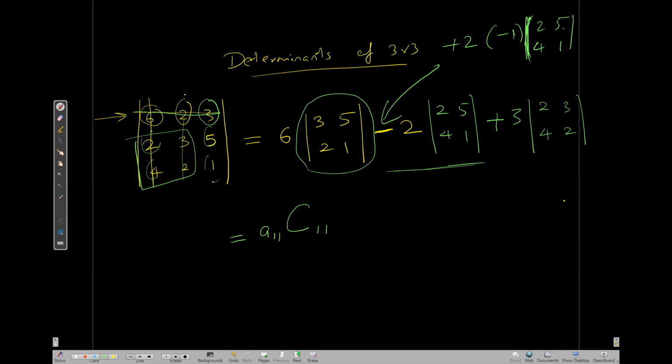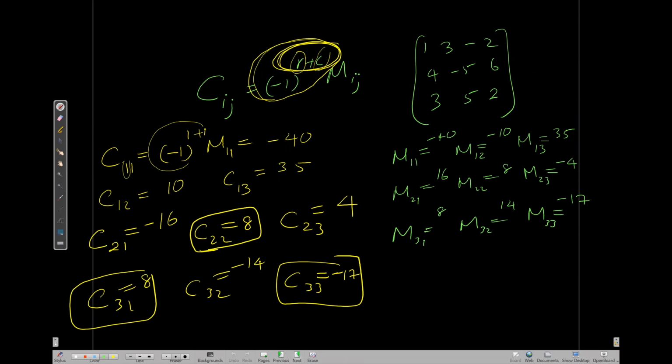So this part is the cofactor, because that minus 1, that place is the 1, 2 place. Because of that, in our cofactor definition, you have a minus. That's why you have this minus over here. So A12, C12 plus A13, C13.